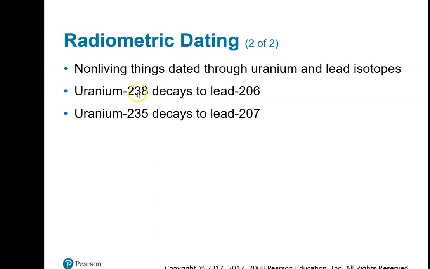So when we dig into the Earth, we find... oh, actually, remember, you're just doing this with non-living things, right? Living things are very unlikely to have any kind of uranium in them. So we're talking about rocks and things like that.